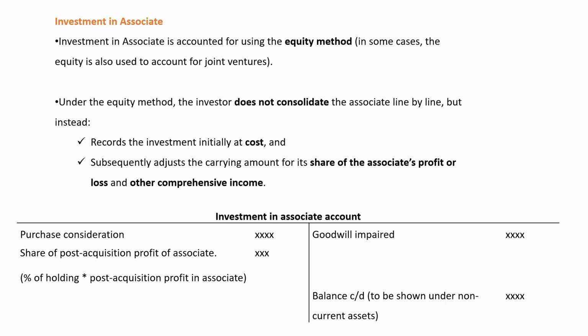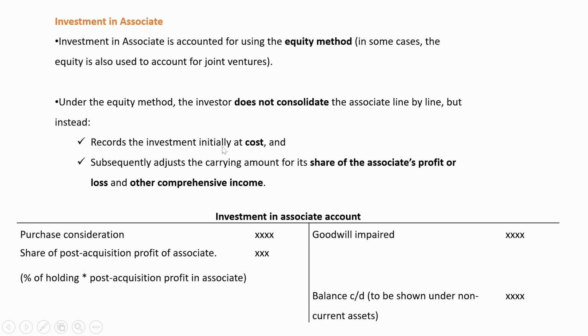In short, the investment in associate account is helping to explain it in a clearer way. On the debit side, show the purchase consideration, the price the holding company paid to acquire the associate. That is the purchase consideration, and it is what we call the initial recognition.